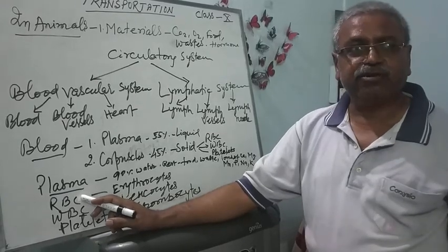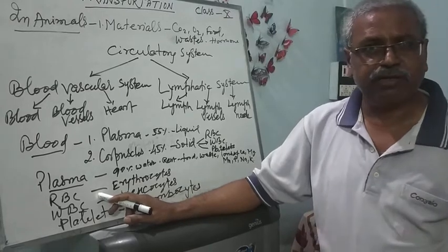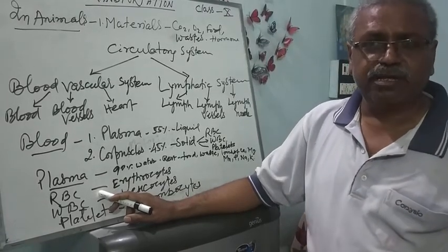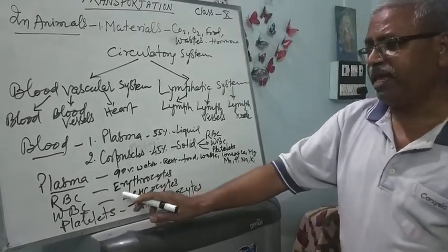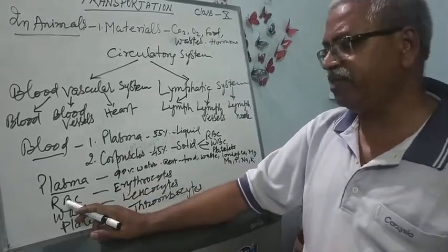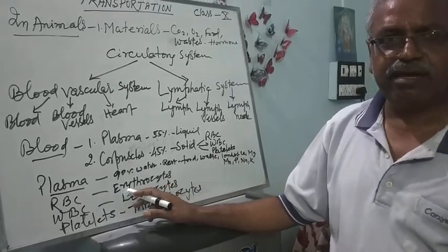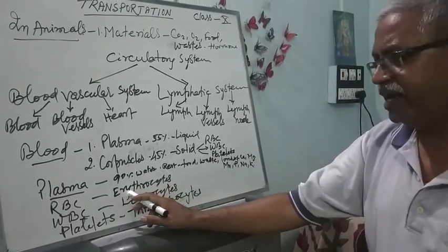Since it does not have nucleus, its life is short, usually of 4 months. It is red in color due to the presence of hemoglobin, and its function is to carry oxygen mainly.